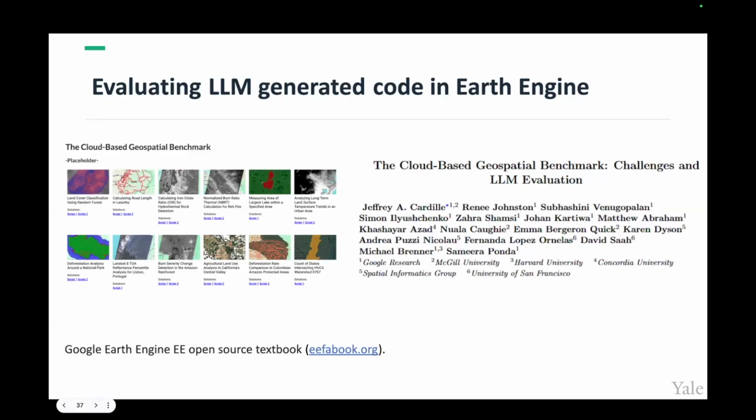Jeffrey Caldwell is a professor at McGill University and a visiting scholar at Google, who was looking recently at two interesting projects. One is about using large language models in the classroom, and the other is about a cloud-based geospatial benchmark.